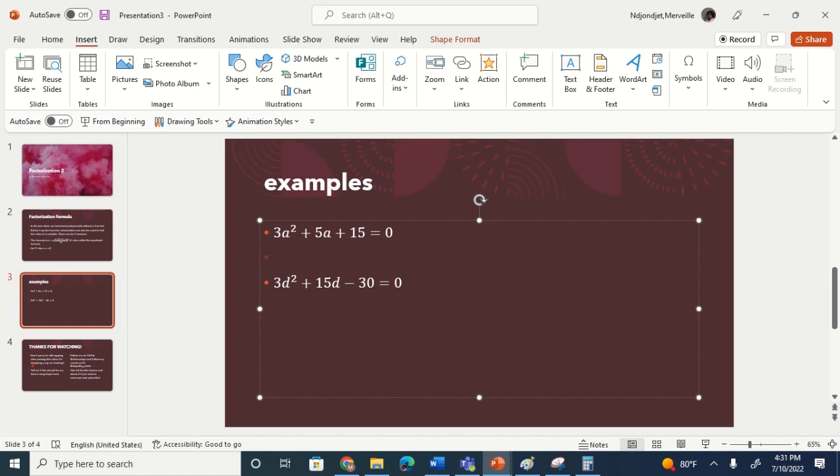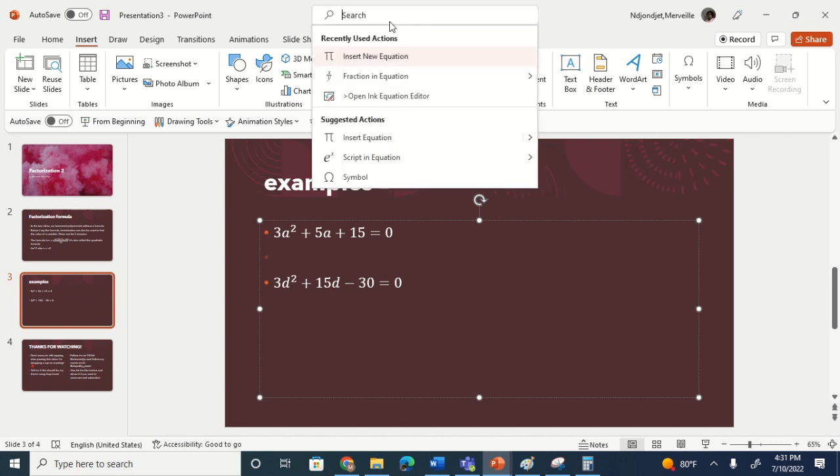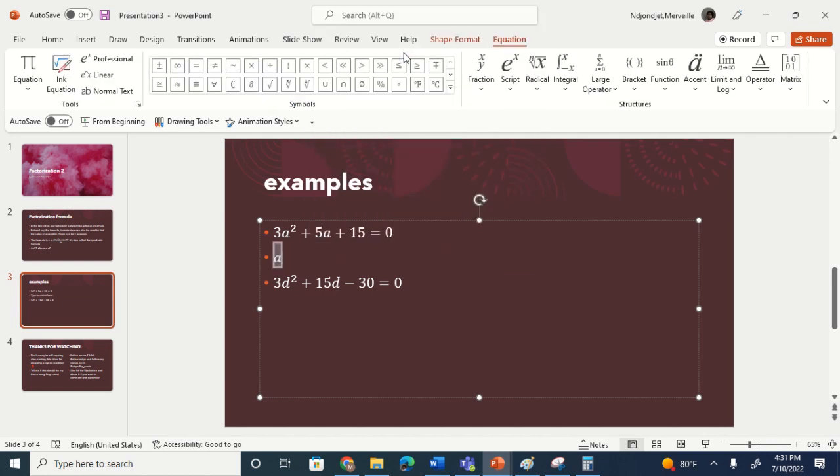Alright, so instead of x, I'm going to put a because that's the variable in this polynomial. So a equals minus b, which is 5, plus. I'm going to start with plus because remember, in the formula they use plus or minus. The square root of b, which is 5, squared minus 4 times 3 times 15.